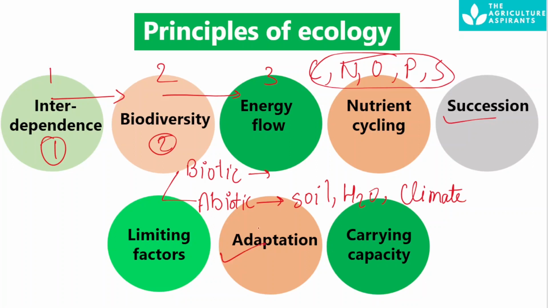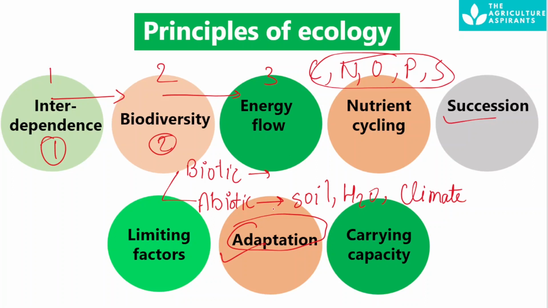Adaptation is a very important principle of ecology. Any species adapts to the environment. Let's take the example of the Namibian cheetah. You know about the flagship program of the Government of India, the cheetah reintroduction program. The Government of India reintroduced the cheetah into Kuno National Park.